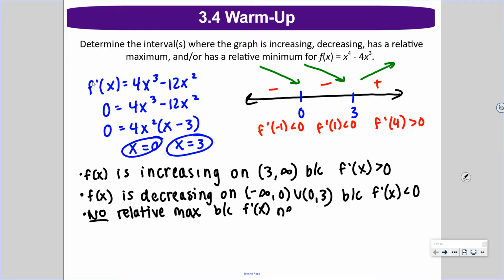Derivative never changes from positive to negative. No relative max. And then we do have one relative min right here at 3.